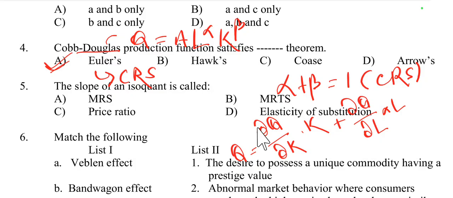Thus the Cobb-Douglas production function satisfies Euler's theorem when there are constant returns to scale.